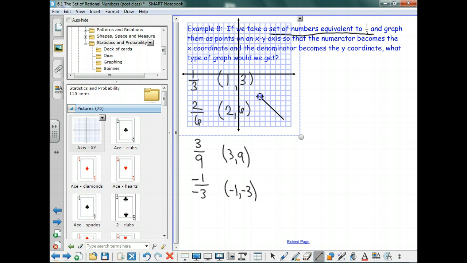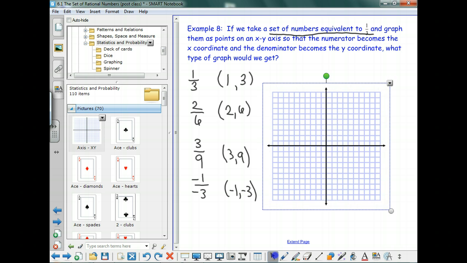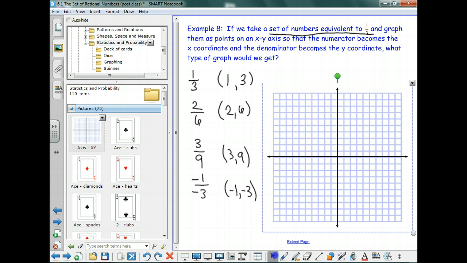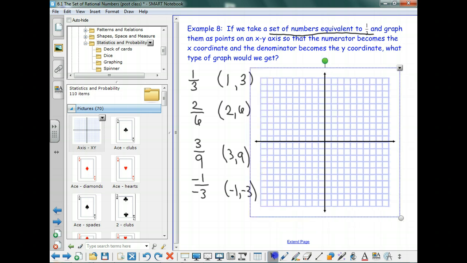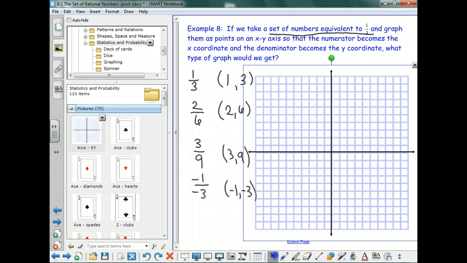This will make it easier for me to graph so that I don't have to do it myself. Isn't that nice? Handy. All right, so we're going to graph the ordered pairs.